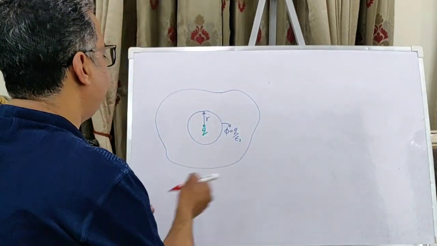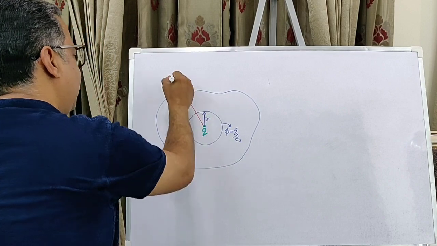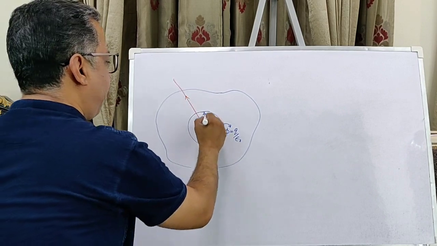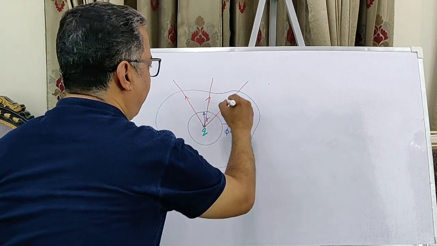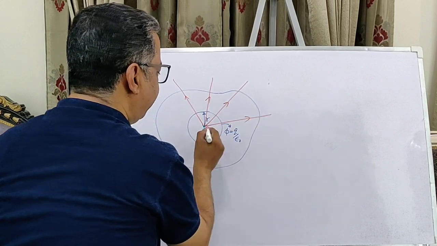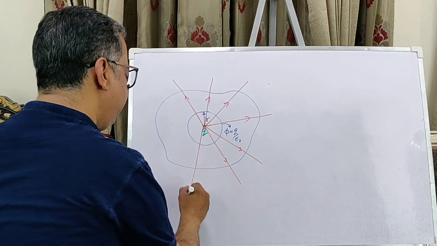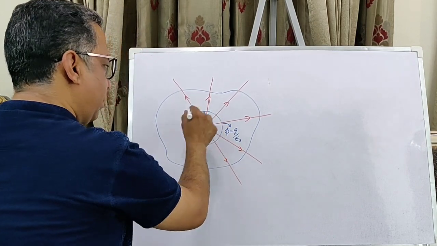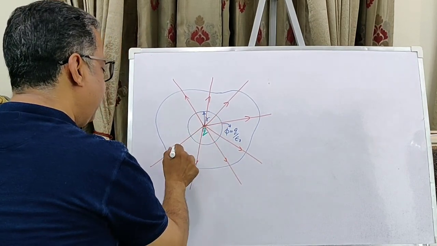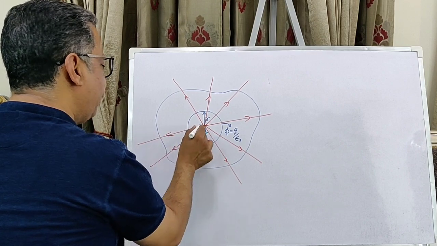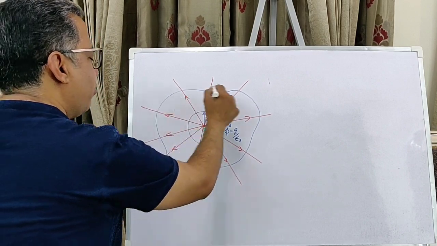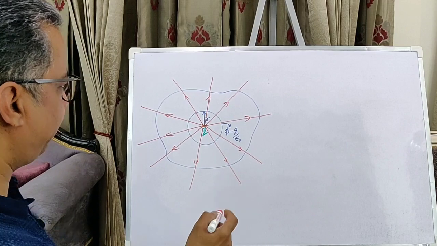And then looking at the lines of force that are produced like this, what we'll observe quite easily is that the number of lines of force passing out through the smaller sphere is the same as the number of lines of force that are coming out of this larger sphere surface.